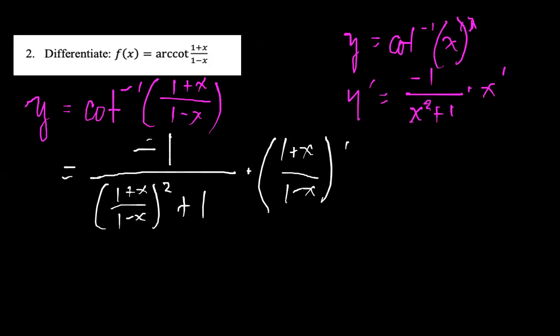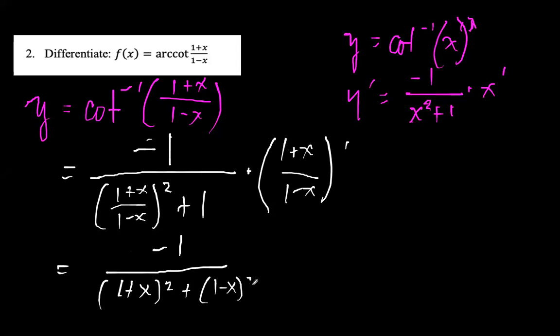All right. Okay, so let's do that here. Let's simplify. Negative 1. So this is (1 plus x) squared plus (1 minus x) squared, times the derivative.